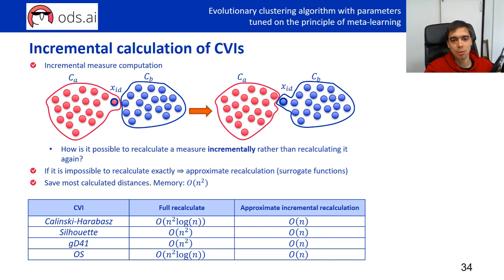The idea is to maintain all possible distances between the dataset elements and centroids, so it requires more space but it's fast in terms of time. From the table at the bottom of the slide, it follows that the incremental recalculation for the measures considered is ahead of full recalculation in terms of computational complexity. We can also see that the complexity became linear. That's quite a good improvement in comparison with full recalculation.